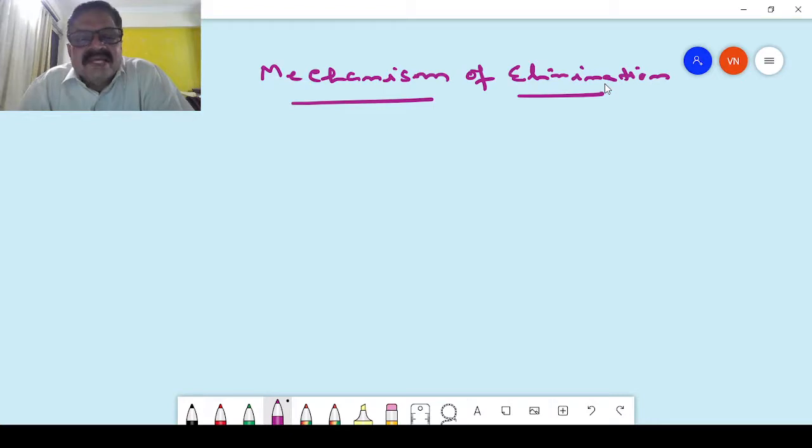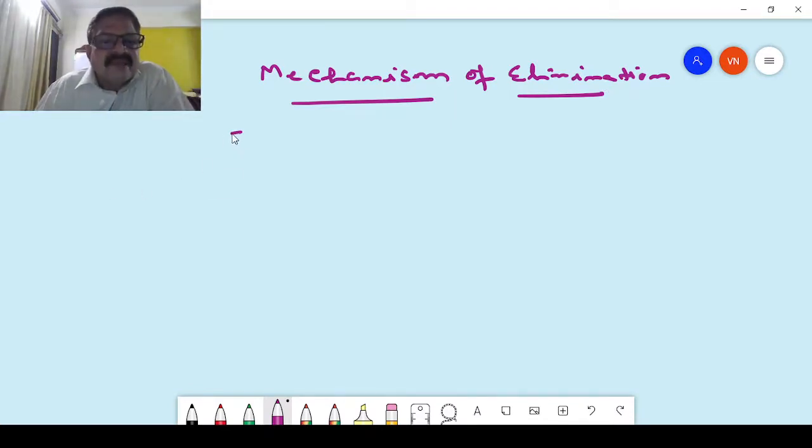In the same way, we can talk about elimination reactions. In the case of SN1, there is a two-step mechanism: a unimolecular reaction where bond breaking takes place first, followed by bond making. An intermediate carbocation is formed, as we discussed earlier. Now we will see the E2 mechanism, a bimolecular mechanism.